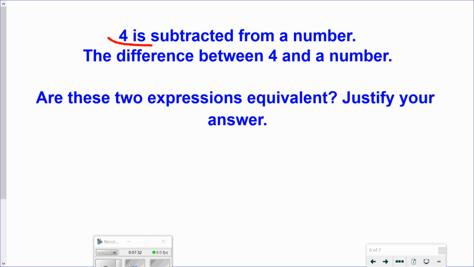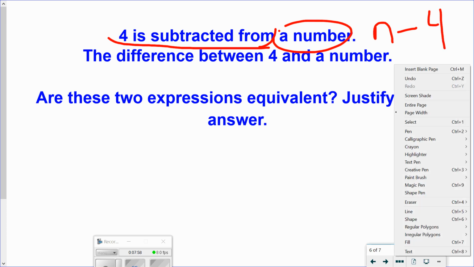So if you're taking 4 from the number, we don't know what the number is. So let's say my number is n. And if I'm taking 4 from n, that means you're going to subtract that 4. You're going to take that 4 away. So we're starting with our number here, and then we're going to subtract 4 or take 4 away.